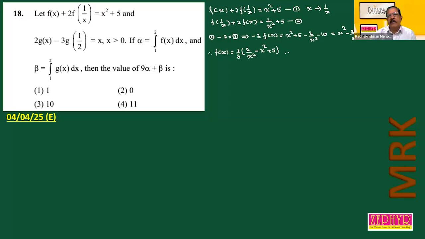Now we have to find out alpha. So alpha is equal to integral 1 to 2, what is f of x? 1 by 3 into 2 by x square minus x square plus 5.